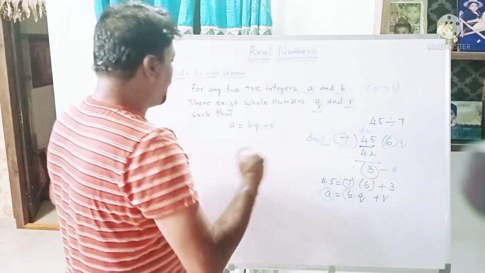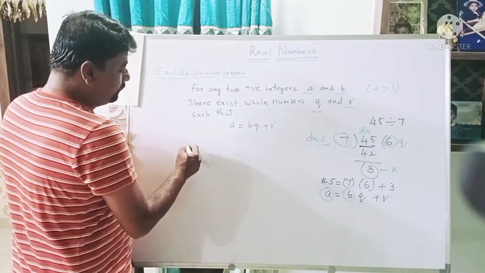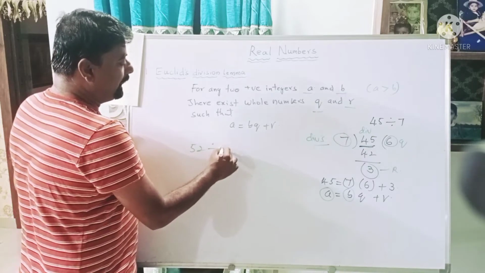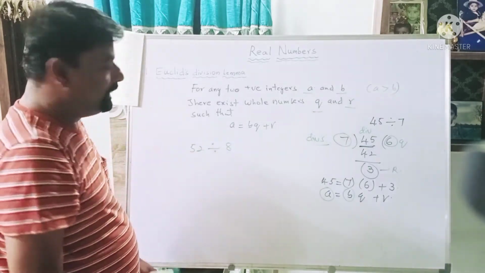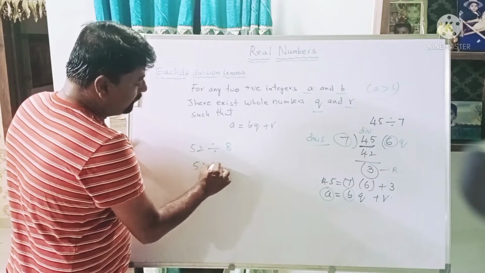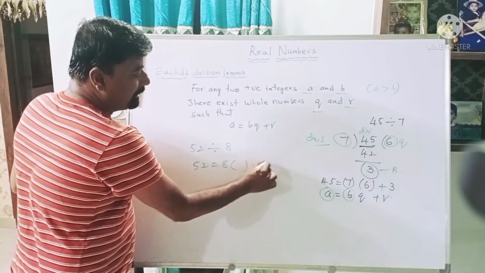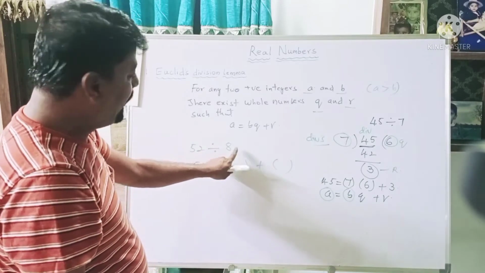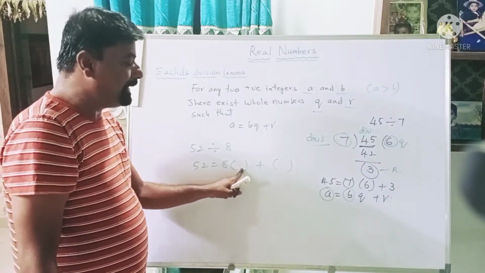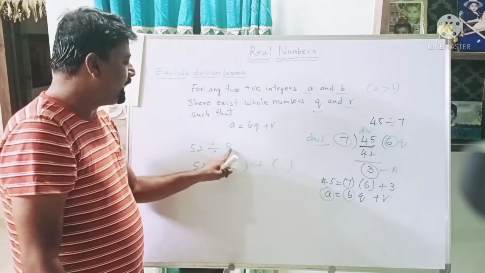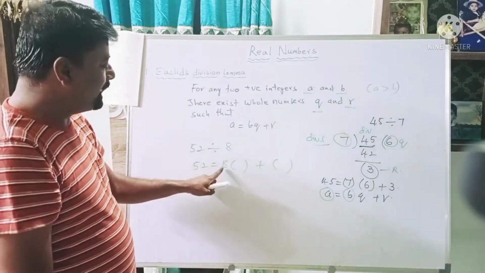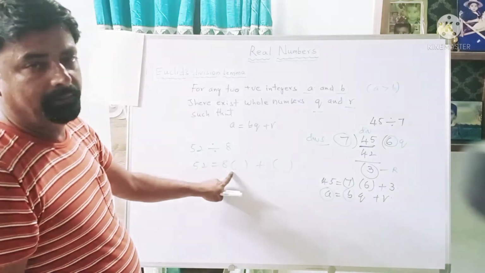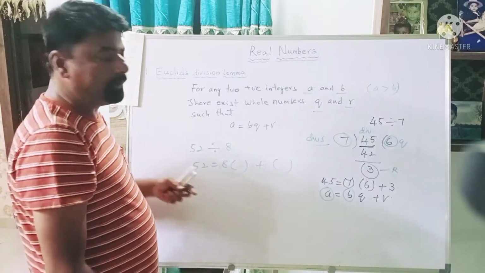For example, again, 52 is divided by 8. 52 is equal to 8 into something plus something. How many times does 8 go? 8 fives are 40, 8 sixes are 48, 8 sevens are more than 52.